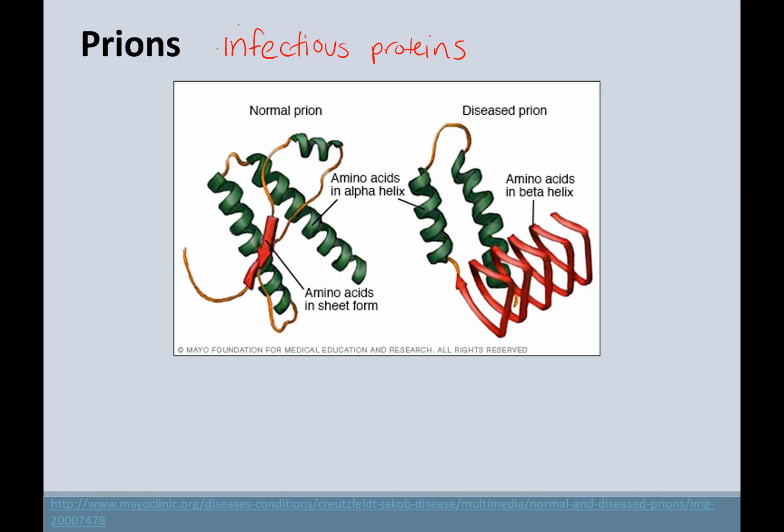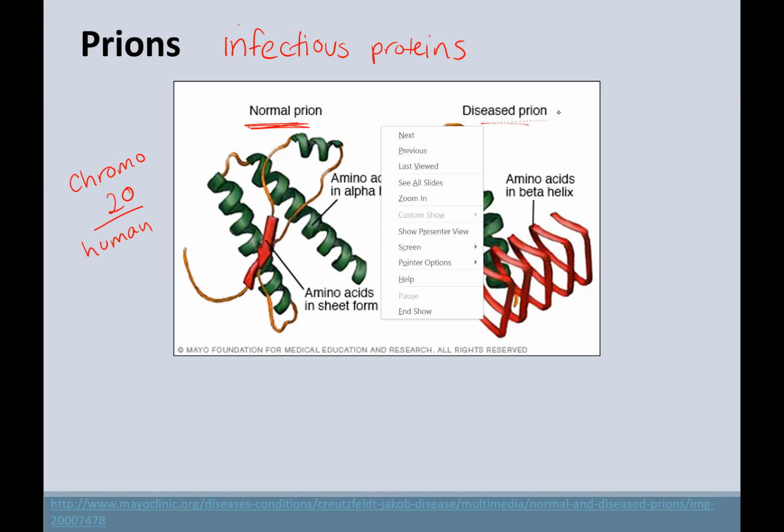These are actually normal proteins that are encoded in an animal, in an organism. For instance, on chromosome 20 in humans, you encode this normal prion protein. And when it forms properly, it works just fine.